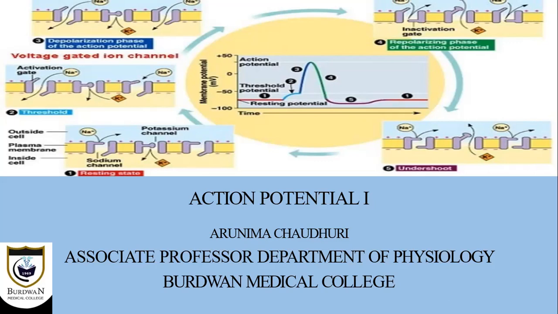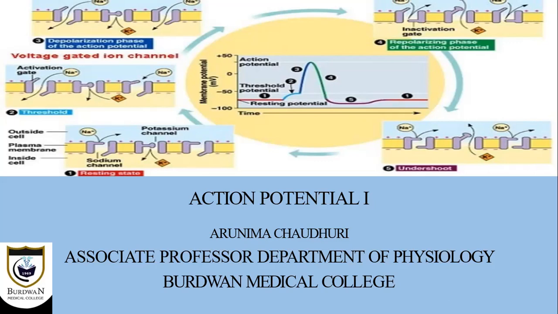Potassium is more inside the cell. It is less outside the cell. So potassium tries to move out of the cell. Inside the cell is negative. This prevents the potassium from moving out of the cell. So these are two forces, electrical and concentration gradient, acting against one another.